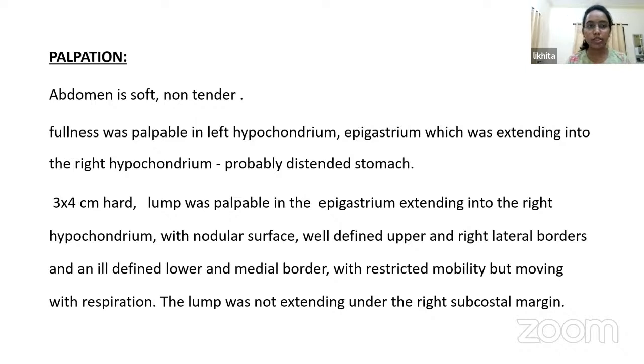Sir, this swelling was not seen on inspection, sir. It was only palpable, sir. The question is, if you have restricted intrinsic mobility, will it move freely with respiration? Both are contradictory. It's not possible. That's the question. Try to understand and answer. So maybe there is an error in one of the findings.